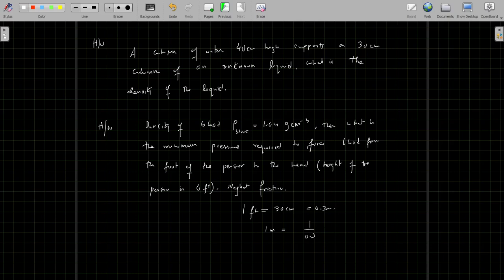So 1 divided by 0.3 gives me around 3.33 feet. So 1 meter is actually 3.33 feet. Use this to solve it. Okay.